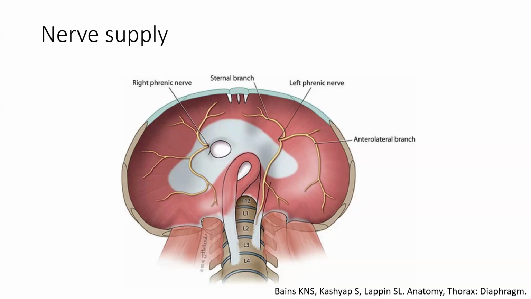He did extremely well, but unfortunately he couldn't breathe because the phrenic nerve was damaged, and the patient was on a ventilator for a long time and then finally succumbed.